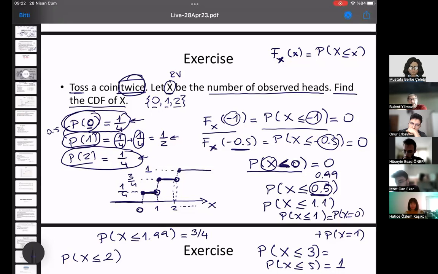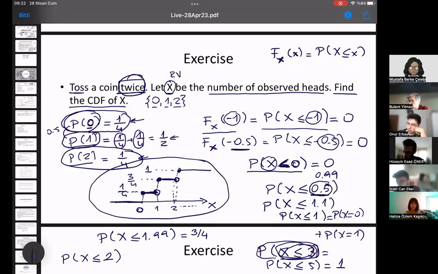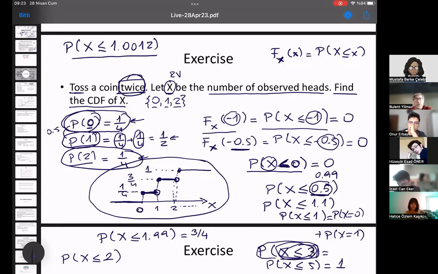So the number of heads being less than or equal to something makes it critical, okay? And it becomes like a continuous function, okay? So I might have probability of x less than or equal to 1.0012, right? So that means it's continuous.